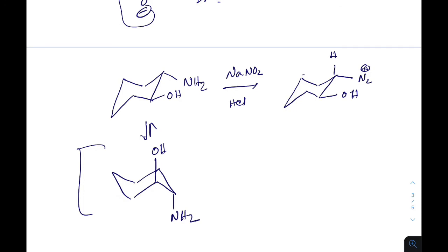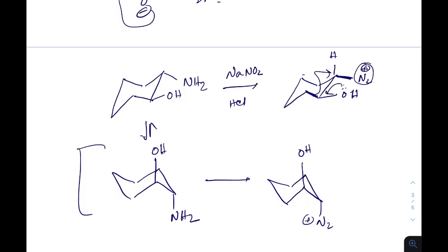Okay, after forming this type of intermediate, this will also give this type of intermediate, N2+ strong leaving group and OH. Okay, now in this case this bond is anti with this N2+ leaving group. So in this case there will be a ring contraction reaction, bond shift, bond migration.